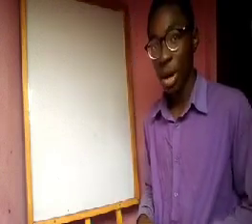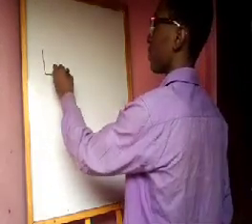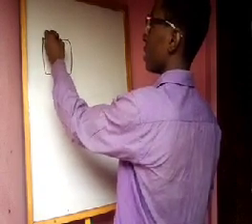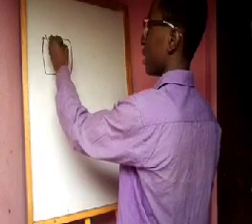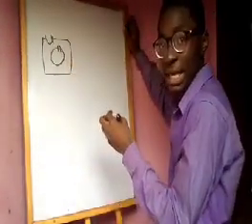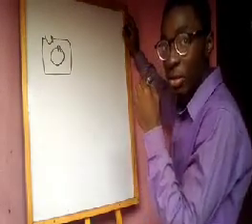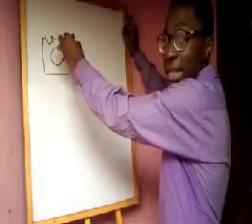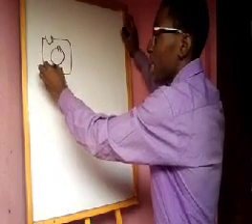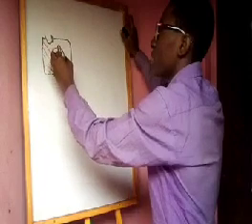Let's talk about negation. How do you represent negation with Venn diagrams? If this is your universal set, and this is a set A, then the negation of set A is basically the area of that universal set that does not contain set A. If this circle represents a simple proposition, then the negation is the area outside that circle.